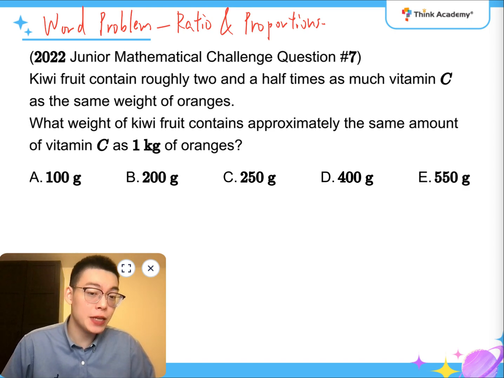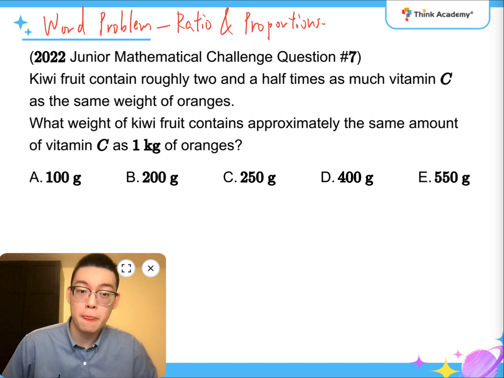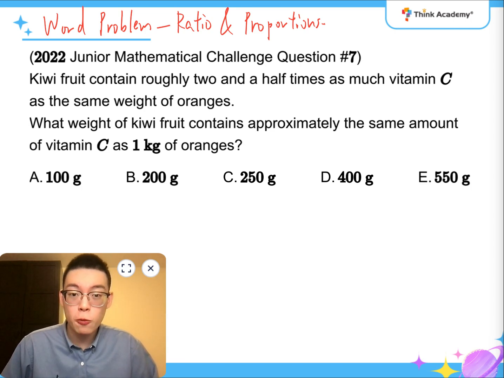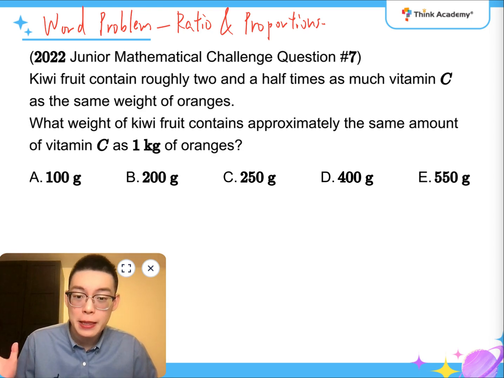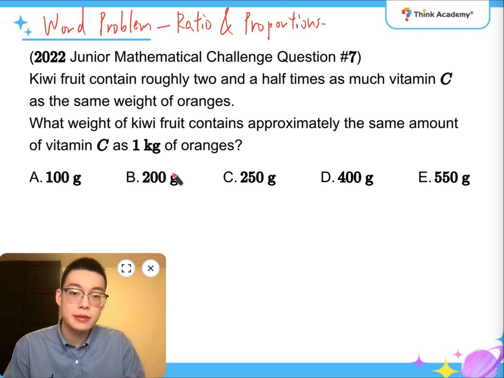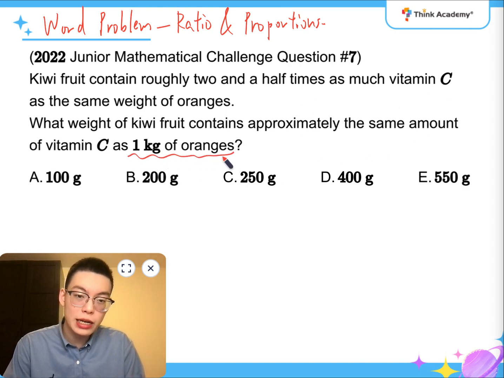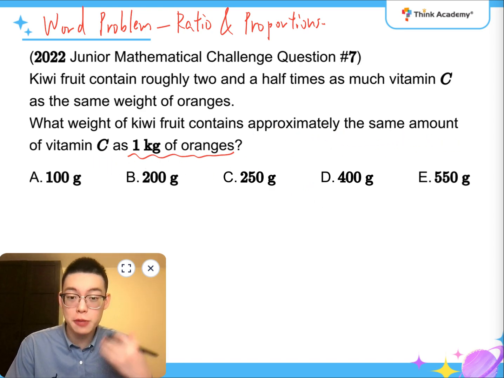So if they have the same content of vitamin C, it means that the kiwi fruit weigh 2.5 times less than the oranges. So if there's 1 kilogram of oranges, what weight of kiwi fruit contains approximately the same amount? It is 2.5 times less, right?